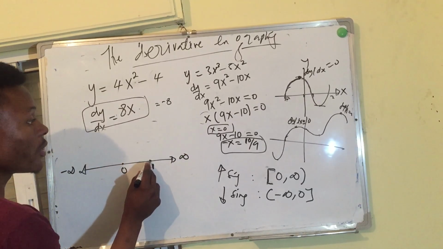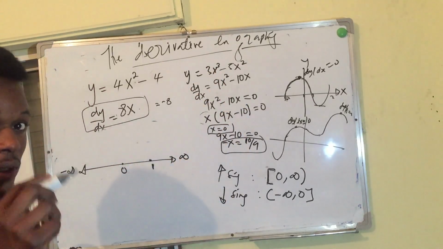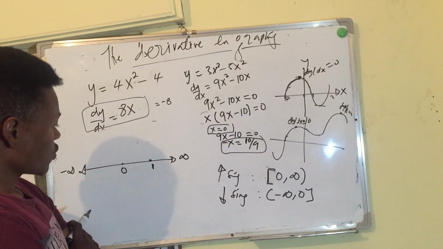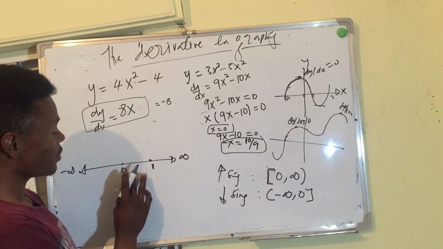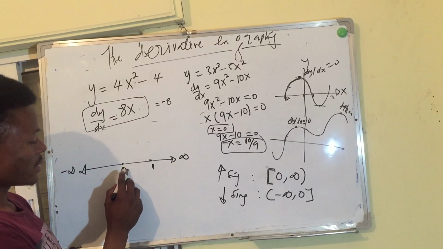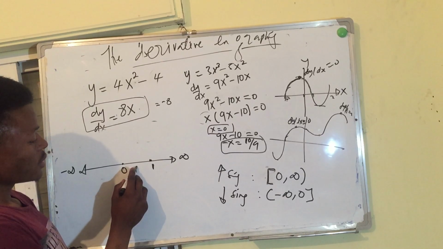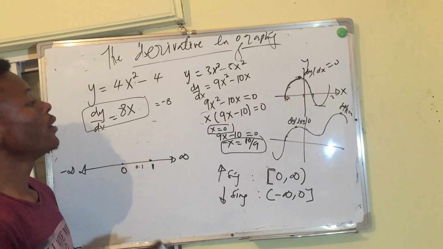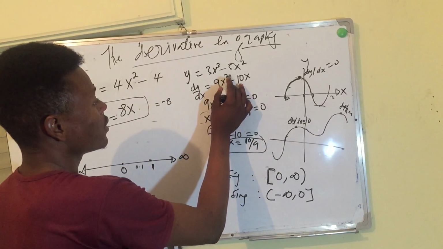1 is one stationary point, and our function is defined on this, so square bracket. So what is happening between this interval to dy dx? Is it negative or positive? Any number that is greater than 0 but less than 1. Let me use 0.1 and substitute in my dy dx.